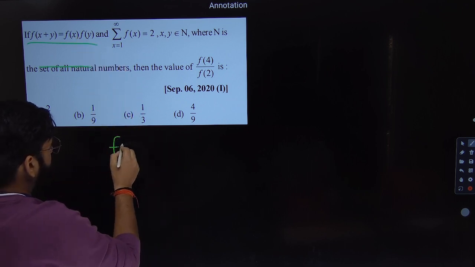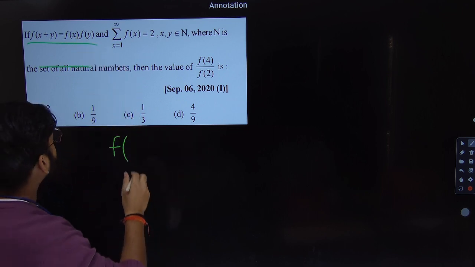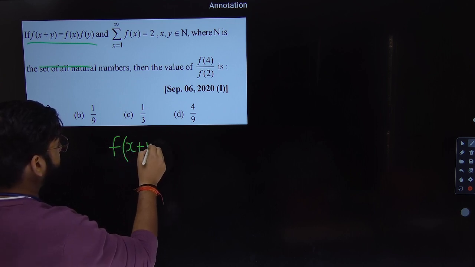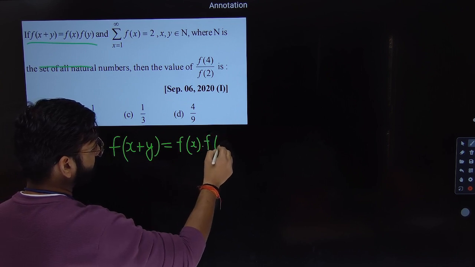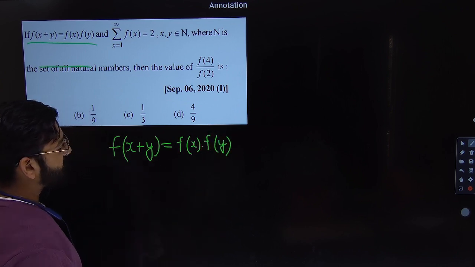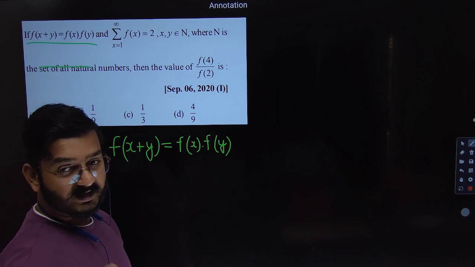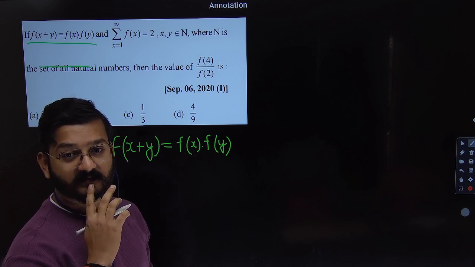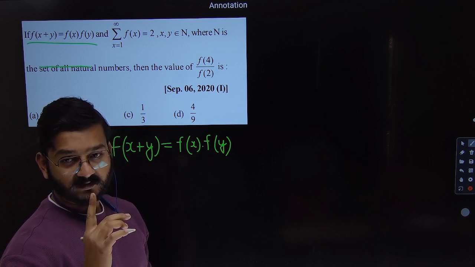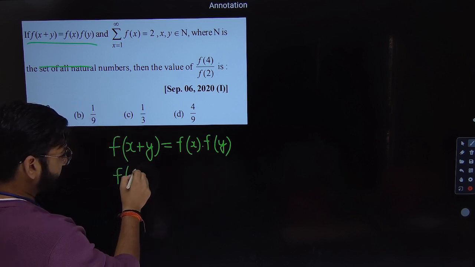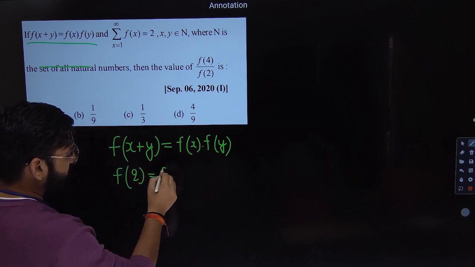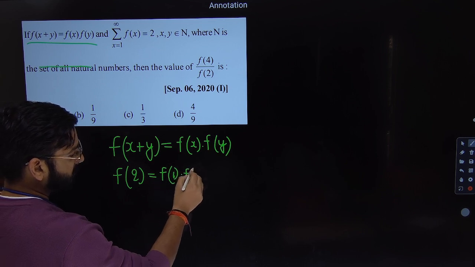So let's solve it. It will take only 4 steps to solve. f of x plus y equals f of x into f of y. Suppose I want to find the minimum value of x and y I can take here. 1, because it is a natural number. So I will say f of 1 plus 1, so f of 2 will be equal to f of 1 into f of 1.